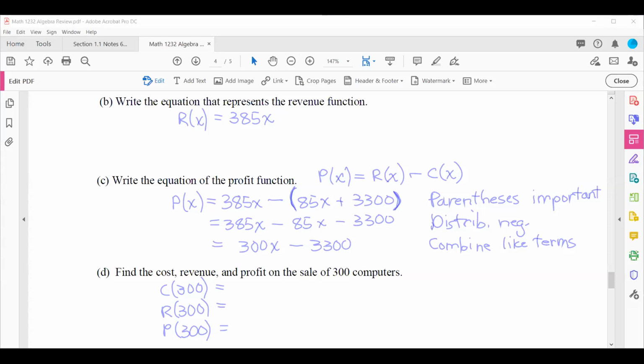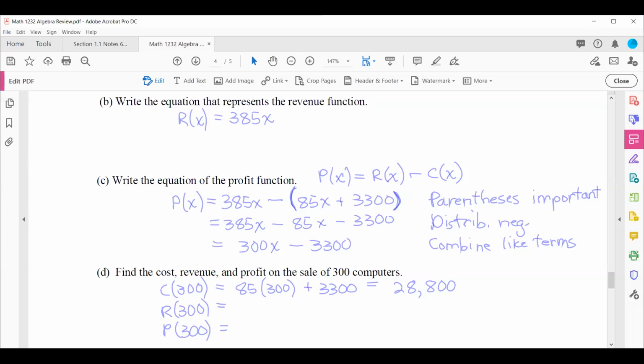So for the cost, that's 85 times 300 plus 3,300. I'm gonna bring up my calculator. And that gives me $28,800.